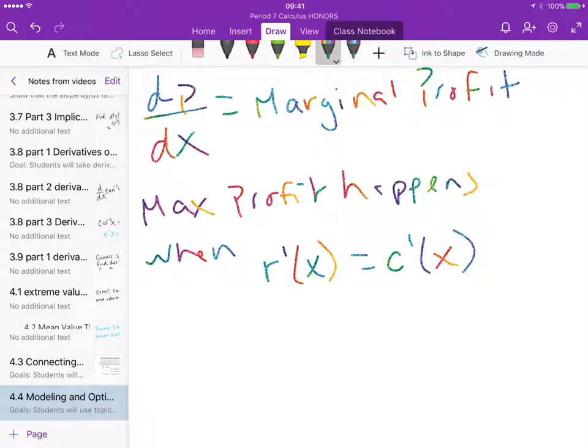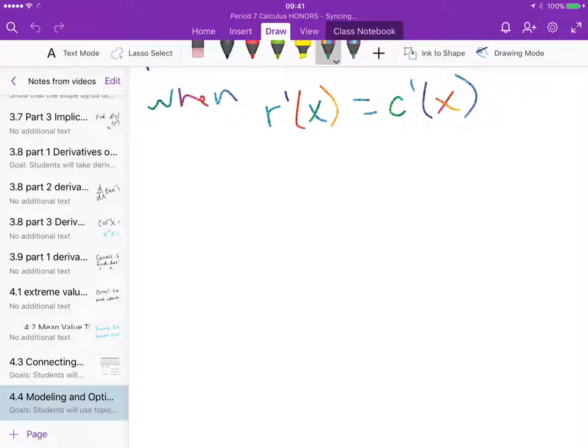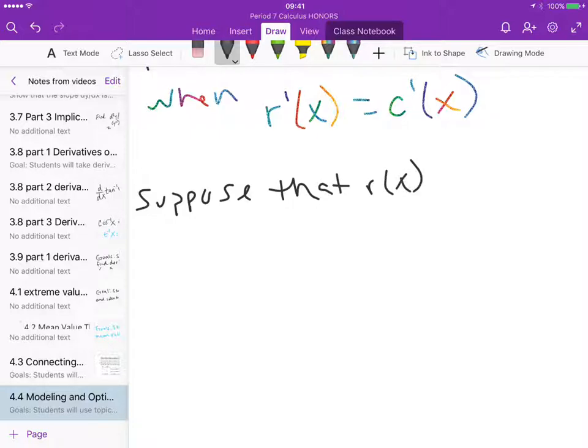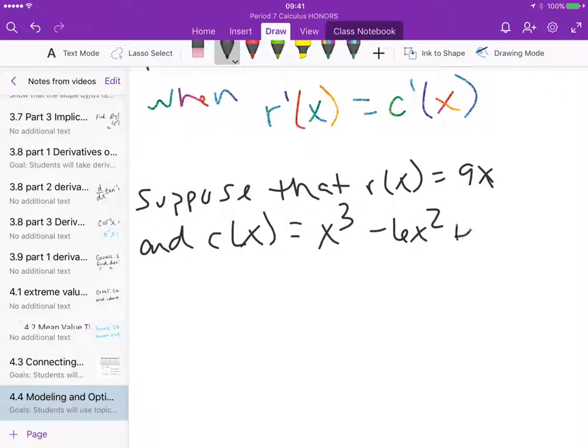So let's look into an example as to how we can specifically find maximum profit. Let's suppose that R of x is equal to 9x and C of x is equal to x cubed minus 6x squared plus 15x, where x represents thousands of units.